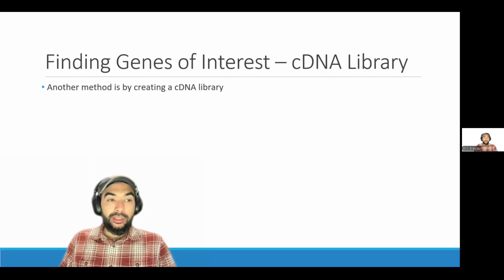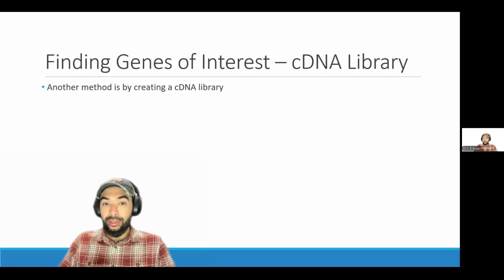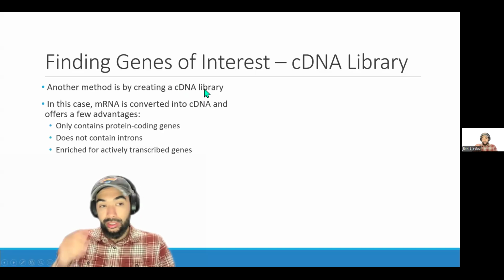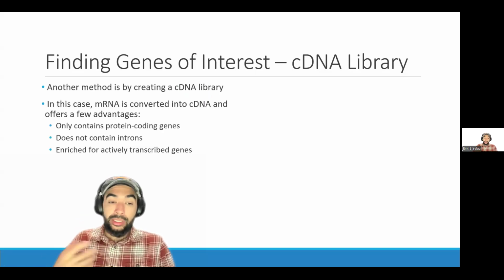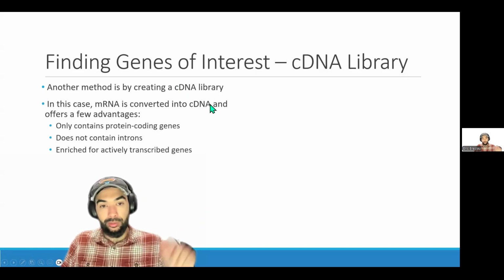Okay, so we can do a cDNA library, which, unlike a normal DNA library, again means complementary DNA. What we're doing here is taking mRNA, running it through reverse transcription, and then taking those cDNA sequences and running them through the same process of gene cloning.